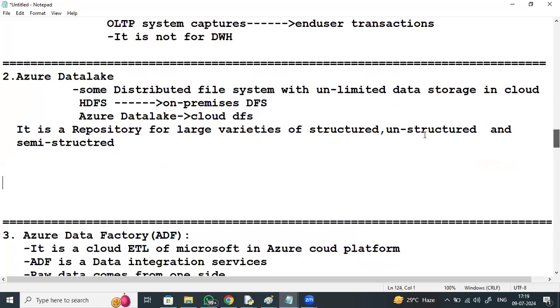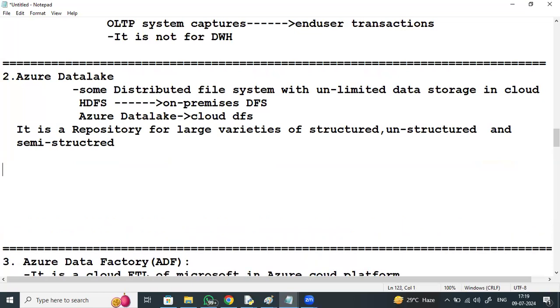Okay. More on this Azure Data Lake. Every cloud storage provides some benefits.